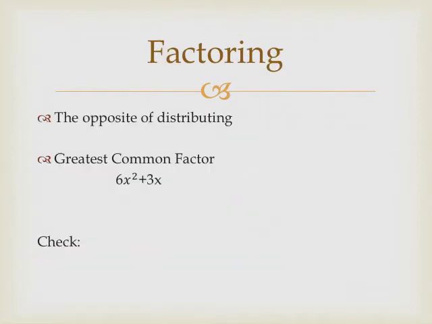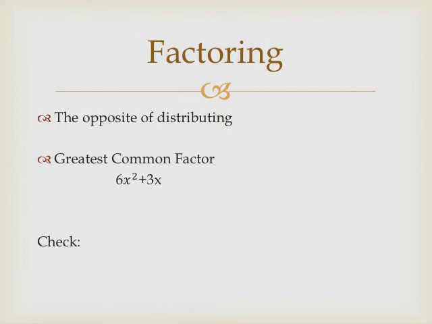Okay, so now we want to talk about factoring, which is really kind of working backwards from what we were just doing. The most basic thing that we're going to be doing with factoring is something called factoring out a greatest common factor. And that is going to be looking at an expression with multiple terms in it and seeing if they have anything in common, any numbers in common as far as factors.